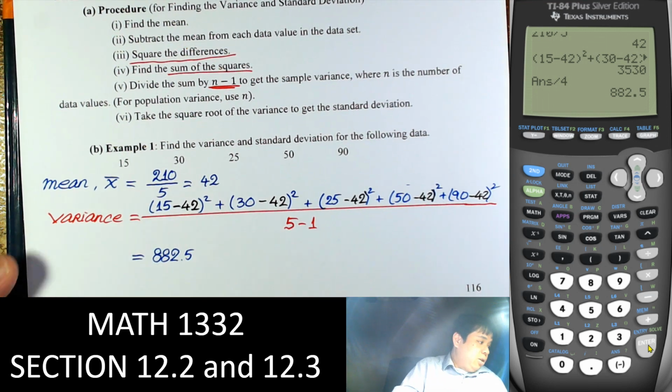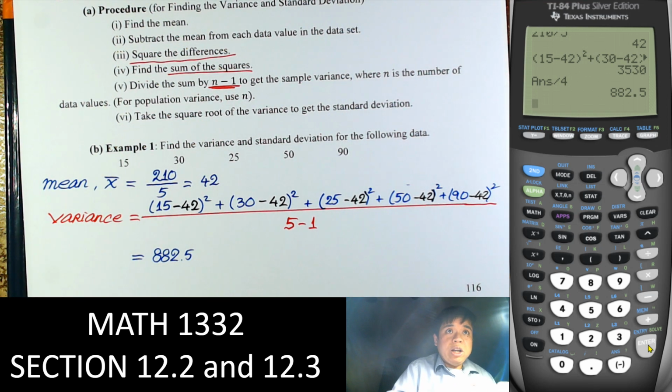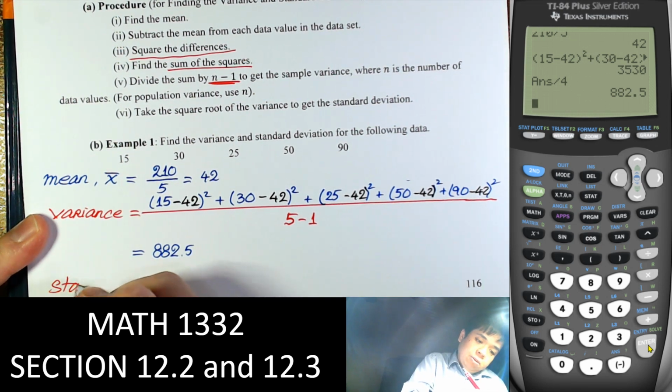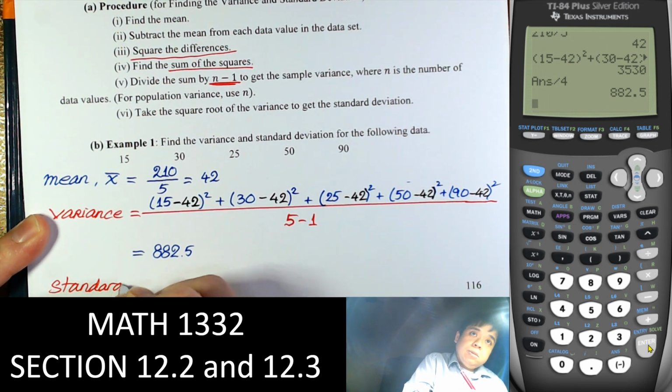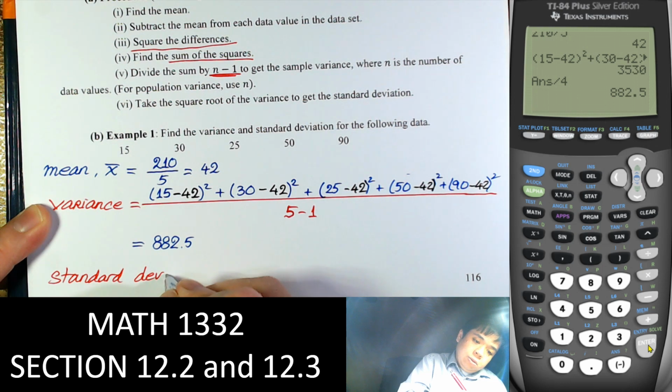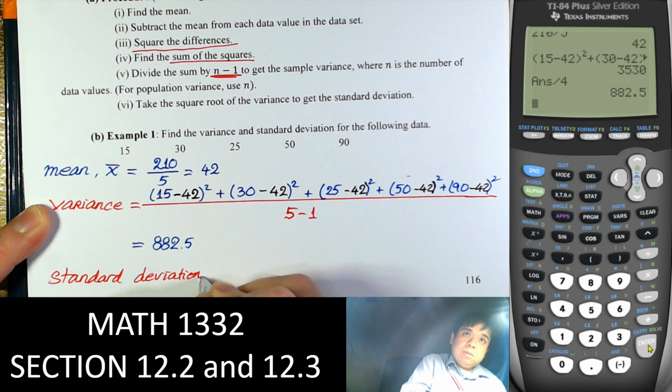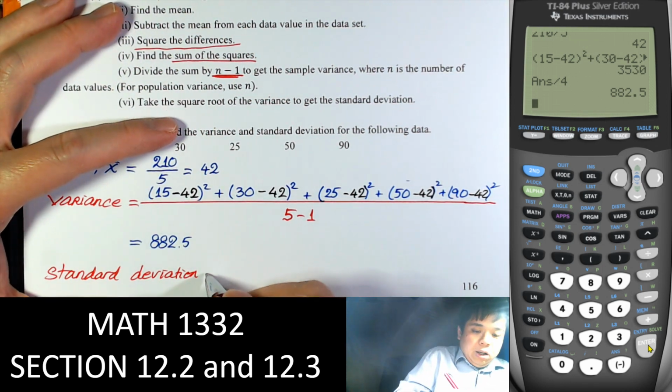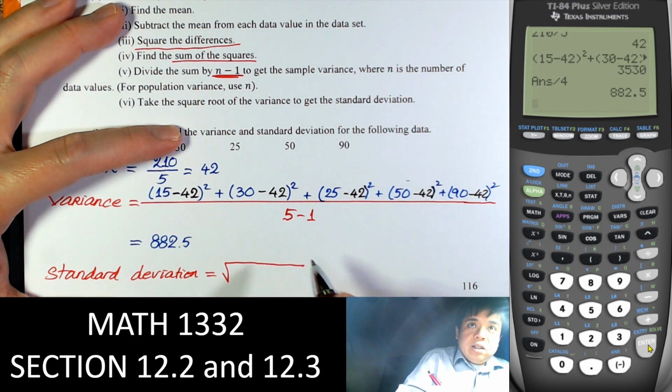And then the standard deviation. Once again, this is for population. Take the square root of the variance.